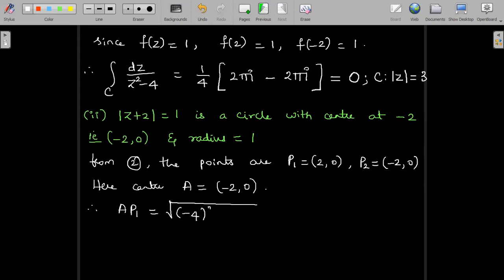So -4 the whole square plus 0 under the root. So this gives me 16 under the root, which is equal to 4. 4 is obviously greater than the radius r, because r is equal to 1 in this case. So what we conclude, this point lies outside. The point P1 lies outside the given circle.